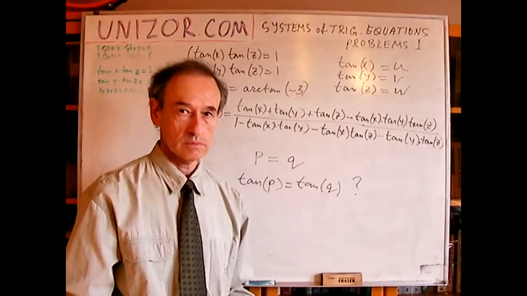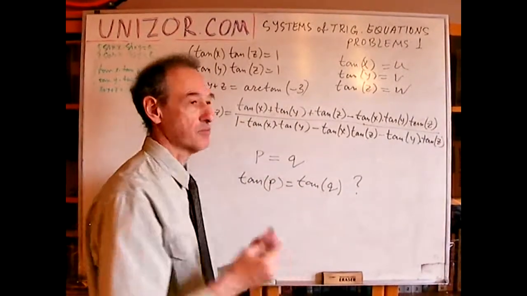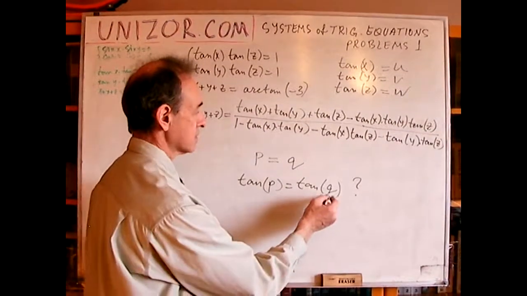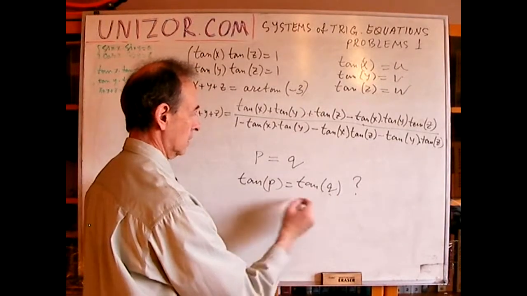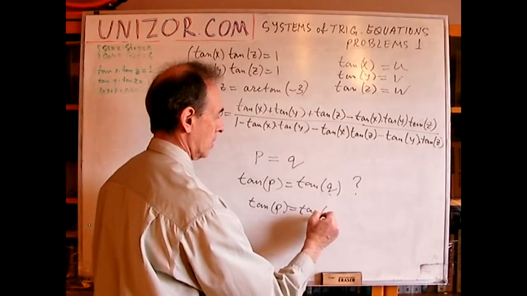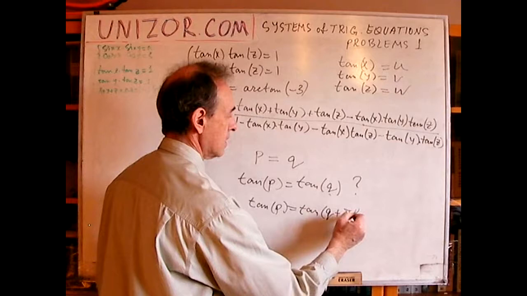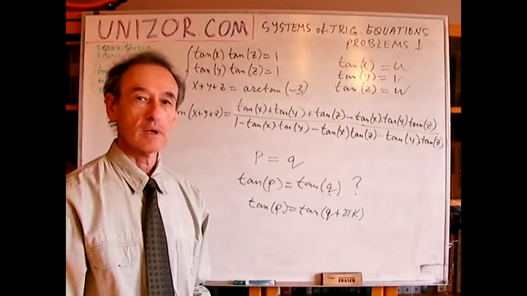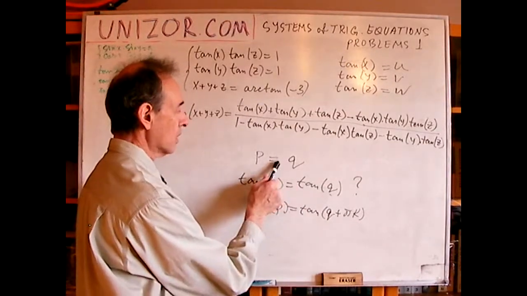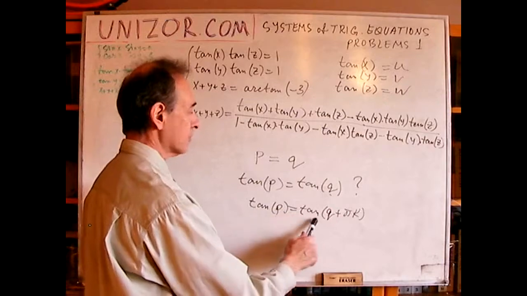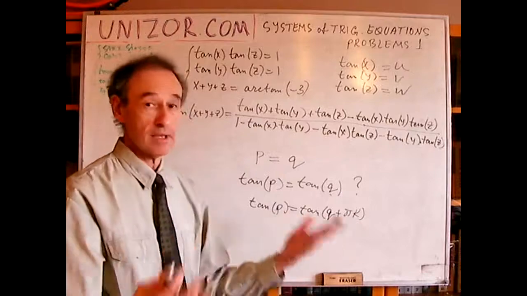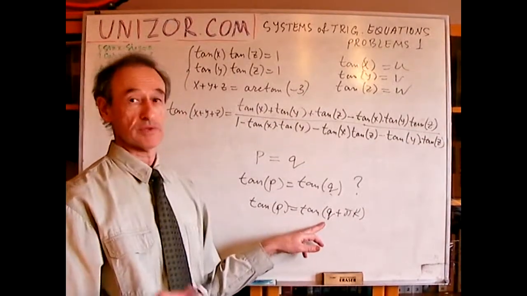No. Why? Because the tangent is a periodic function, and as we know, we can add to this angle q, for instance, pi k, and it will be exactly the same equality. So not only is p equal to q a solution of this, but also p is equal to q plus pi k, right? Where k is any integer. So this thing has an infinite number of solutions, right?